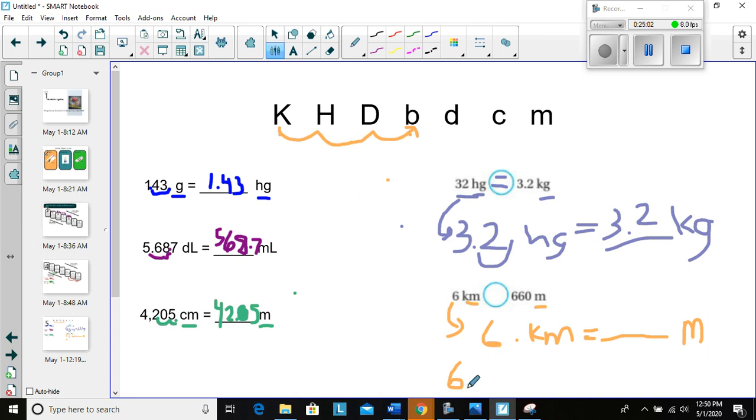Since there are no numbers back here, I need to add some zeros. So if I'm going to do 3 empty jumps, 1, 2, 3, my decimal's back here now, but all these open spaces need to have a placeholder 0. The ones place was empty, the tens place was empty, and the hundreds place was empty, so I needed to put zeros in there to make sure this 6 is in the right spot in the thousands. So 6,000 is my answer here.